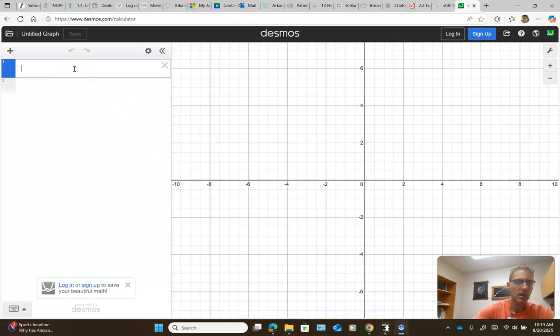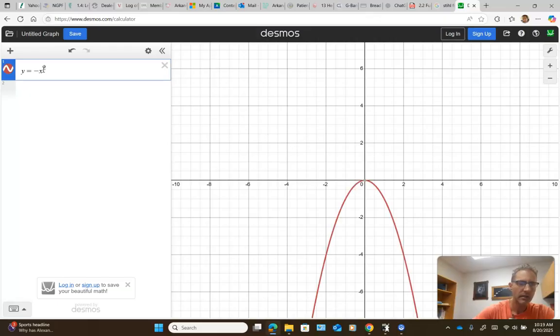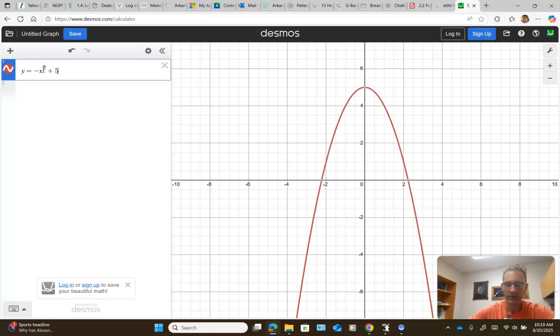So I'm going to type in y equals negative x, then hit the caret key and square it, and then say +5. And so it graphs it.